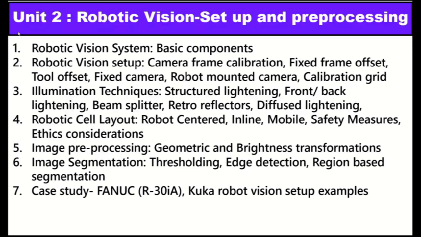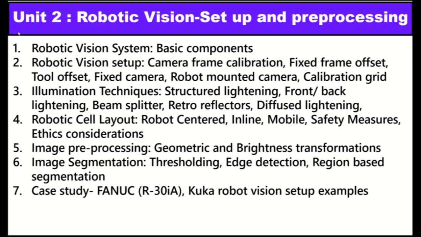That liberty is not there. Hence, in all these conditions, a robotic vision setup is very important. Installing a camera is one part, getting a view is the second part, but having favorable conditions is a major part.